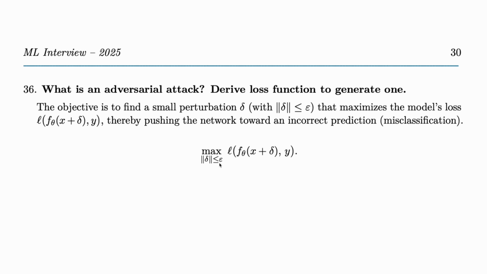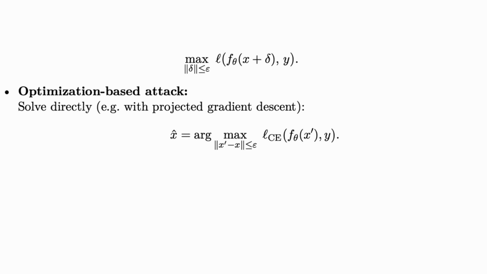So it's really an optimization problem. We are used to doing that in machine learning. For example, you can solve it with a projected gradient descent. The loss is the cross entropy loss. So basically, you want to minimize f of theta of x prime, where x prime is our new input, x plus delta. You want x plus delta to be close to x.